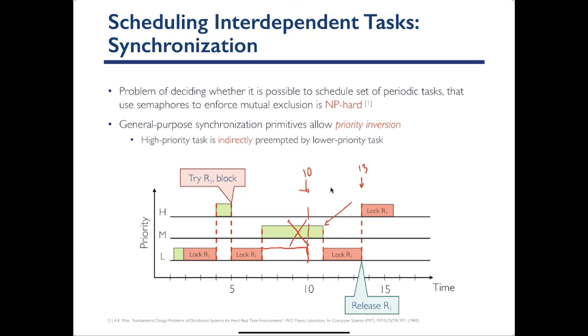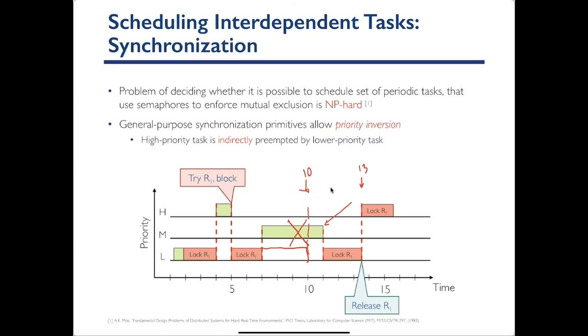So I don't exactly know the size of this medium priority task. Basically, this medium priority task, which does not even touch this mutex, which does not have any resources in common with the high priority task, is able to delay the high priority task.